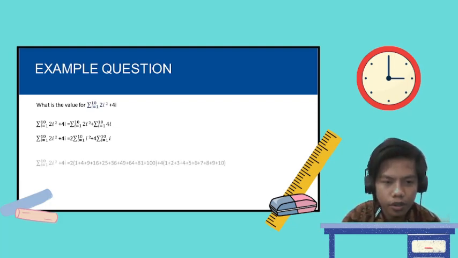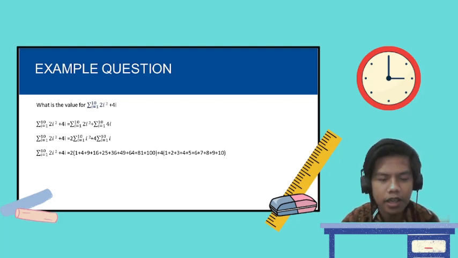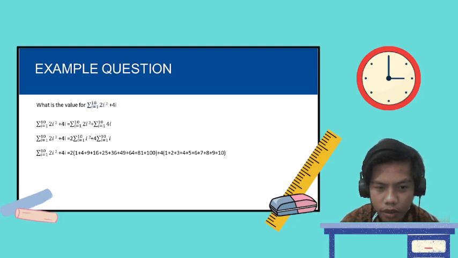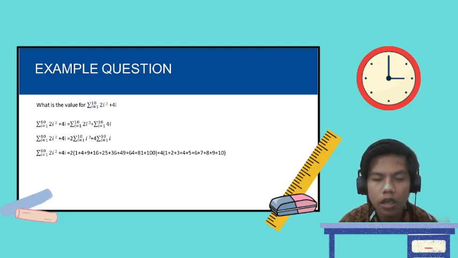And so the result is 2 times (1 plus 4 plus 9 plus 16 plus 25 plus 36 plus 49 plus 64 plus 81 plus 100) plus 4 times (1 plus 2 plus 3 plus 4 plus 5 plus 6 plus 7 plus 8 plus 9 plus 10).